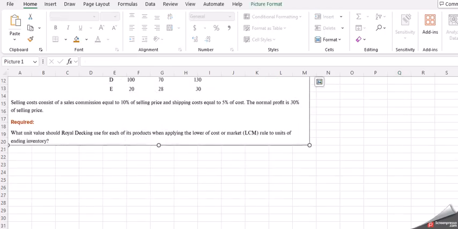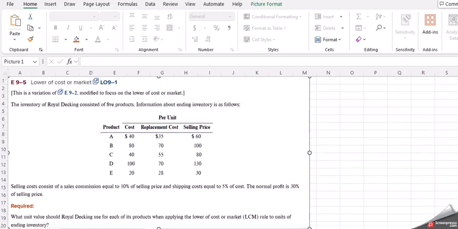Then we go to our next one, which is lower of cost or market. So the thing with the market is, again, it's going to be the same thing that we have, the low point and the high point. So again, we are going to compare cost to our replacement cost, but then there's a range. There's a low and a high range.